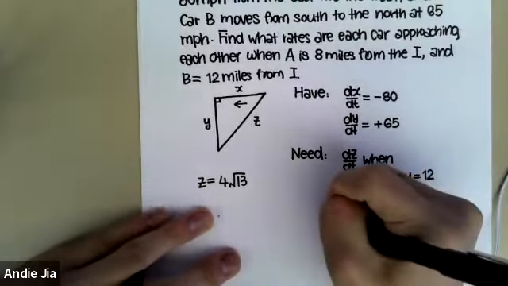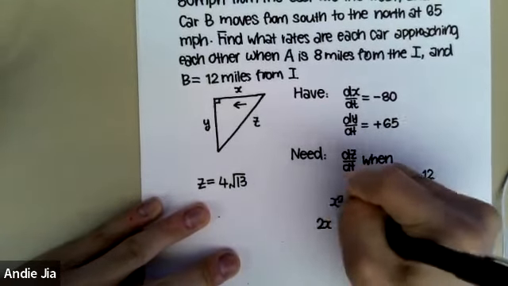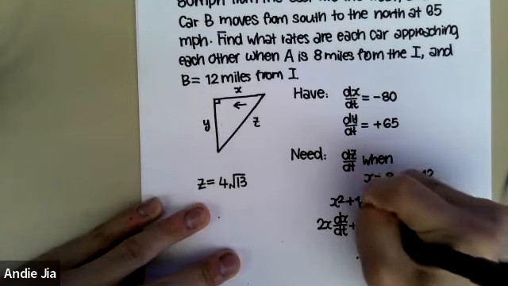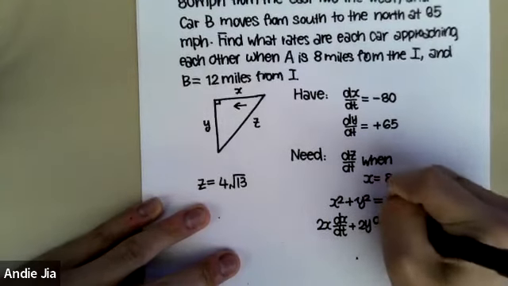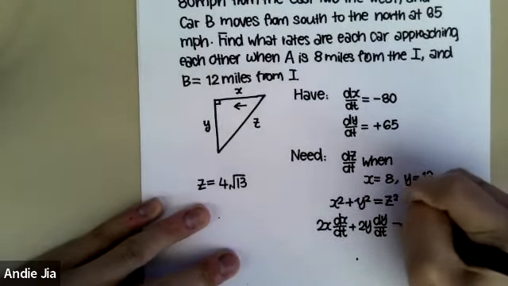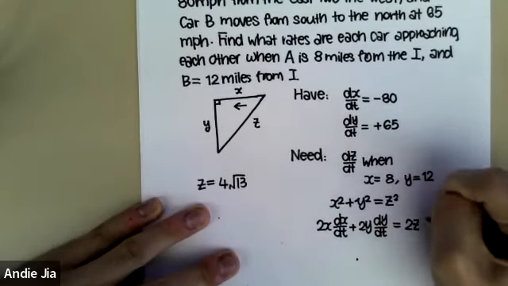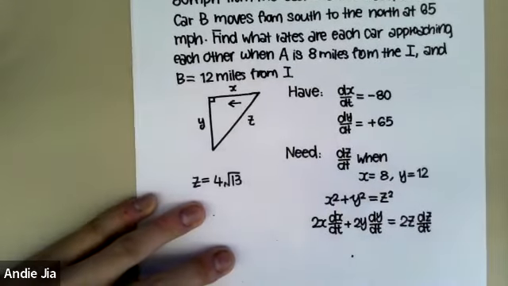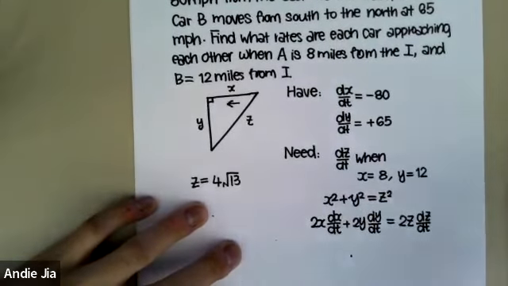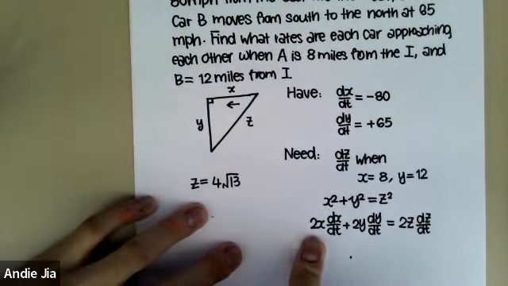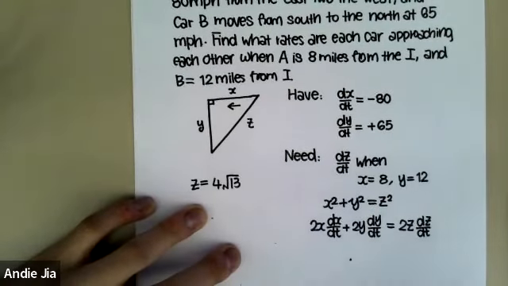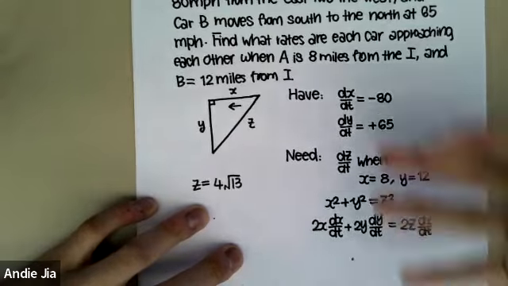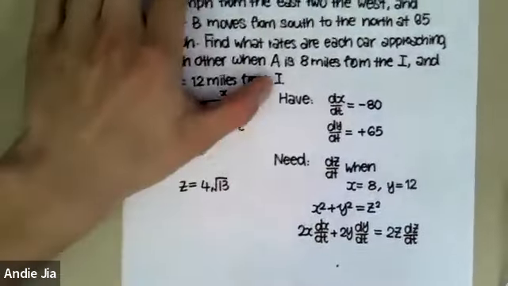So we have 2x dx/dt plus 2y dy/dt equals 2z dz/dt. Now we just put in x, because dz/dt is what we want, and we have everything labeled here.